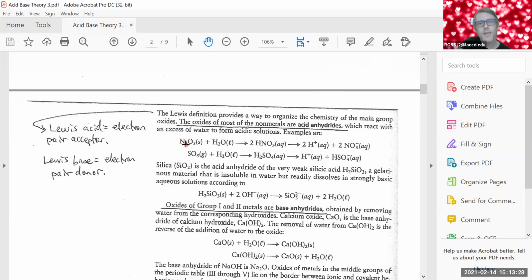So if you take dinitrogen pentoxide as a first example, which is a nonmetal oxide, you add it to water, you can see that you form nitric acid, which is a strong acid, which will completely dissociate to give protons and nitrate.